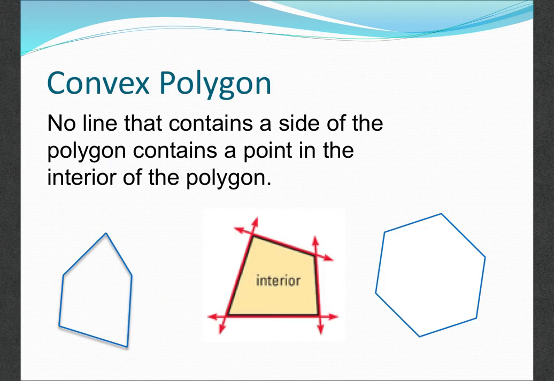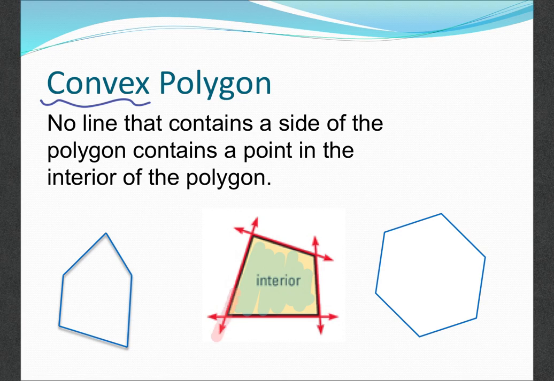In a convex polygon, no line that contains a side of the polygon contains a point in the interior of the polygon. So none of the sides would extend into the interior of the polygon. If you look at the one in the middle, anything that's inside is called the interior.